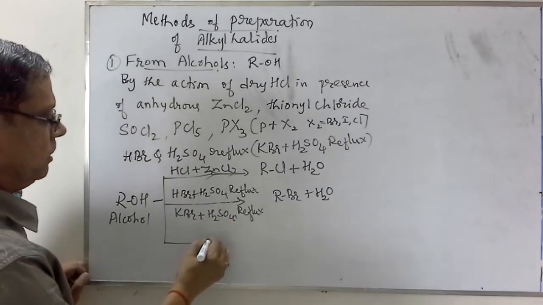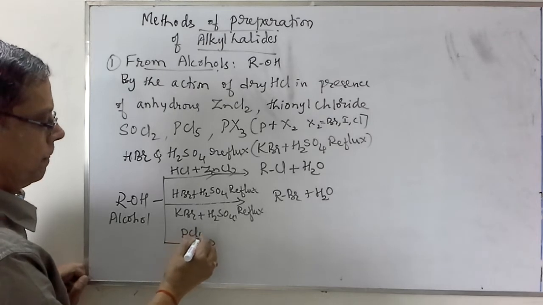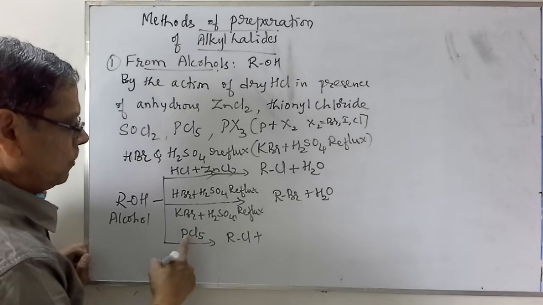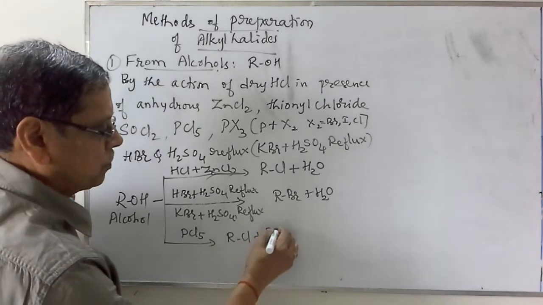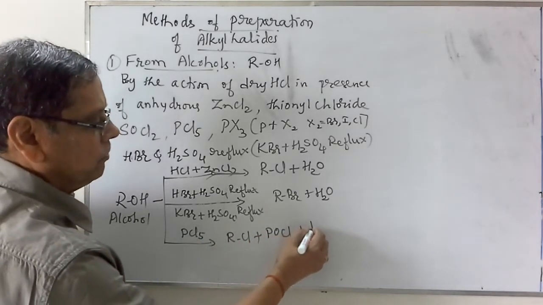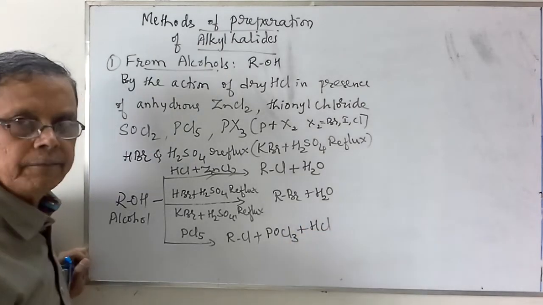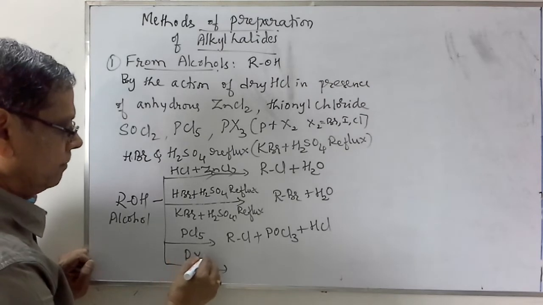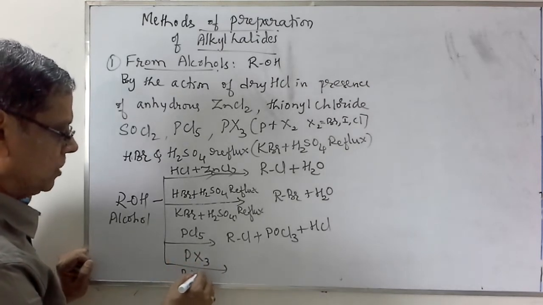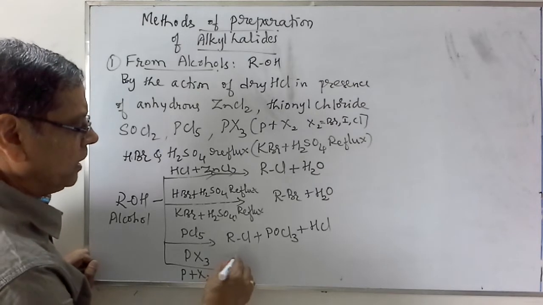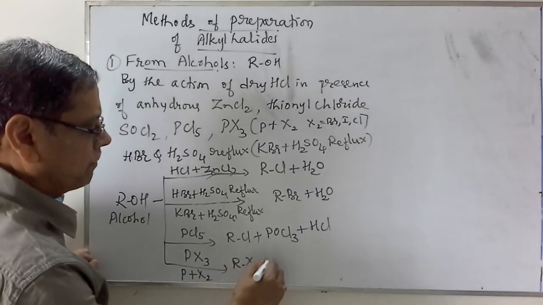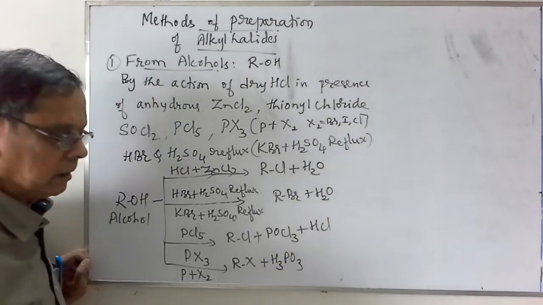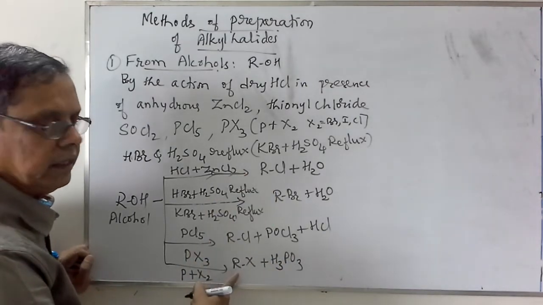Then when you write this with PCl5, ROH will give rise to RCl. This phosphorus pentachloride is converted to phosphorus oxychloride along with the formation of HCl. If you use phosphorus trihalide or phosphorus plus halogen, then we will get RX plus H3PO3. Phosphorus acid is the product. In all these cases, we will get the alkyl halide.